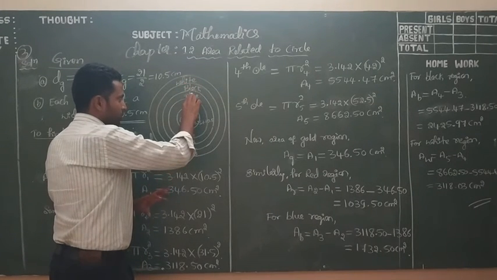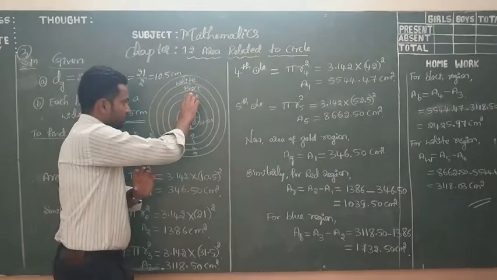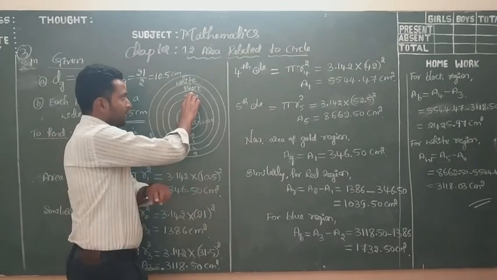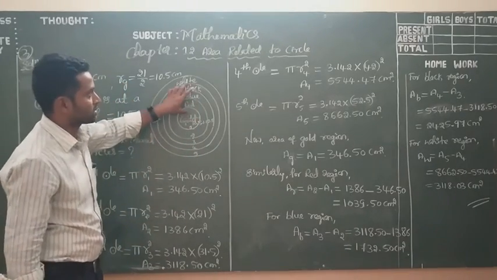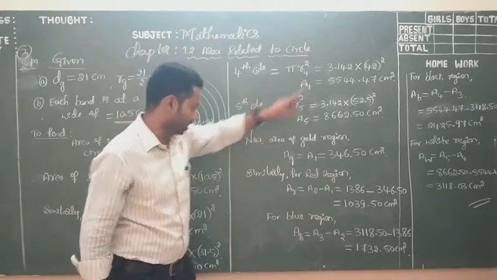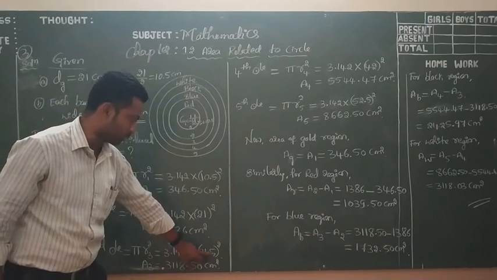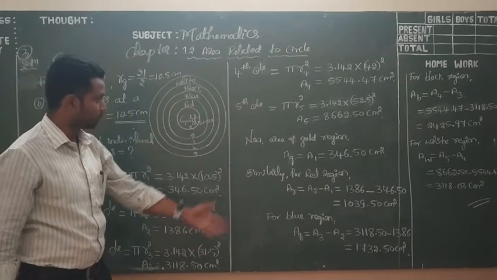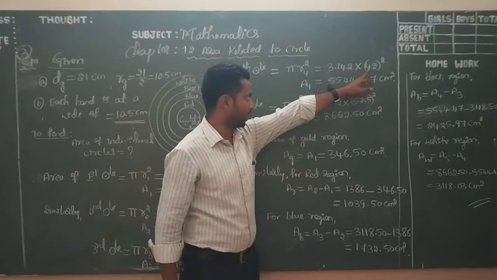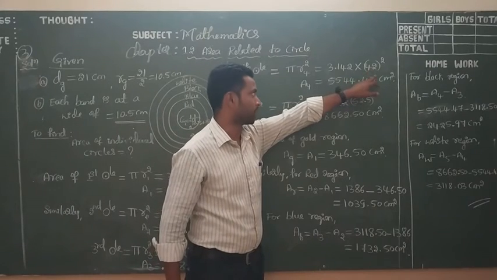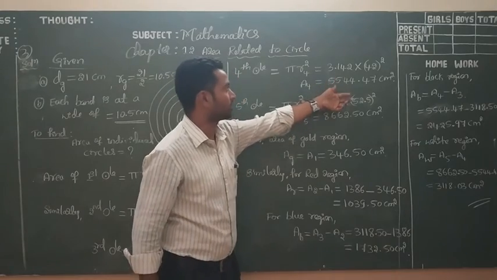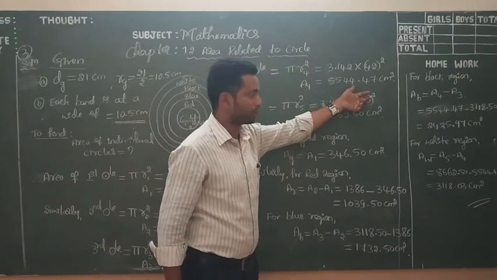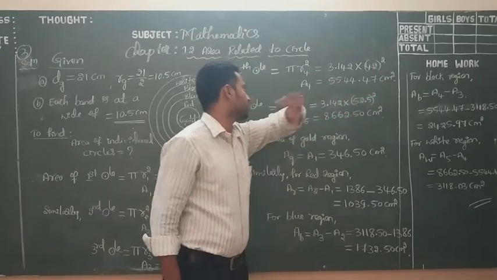If you add 31.5 plus 10.5, it becomes 42. So the radius of the fourth circle is 42, and A4 becomes 5544 centimeter square.